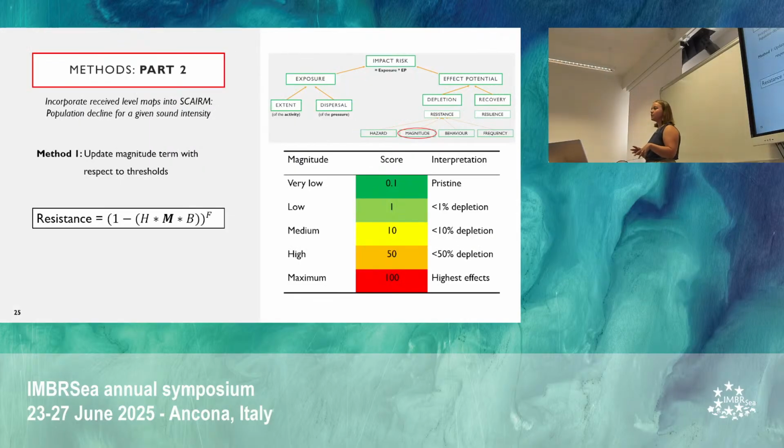The first way was to update how magnitude is currently categorized in the SCARUM framework. When there's no spatial or quantitative information about the magnitude of a stressor, it's assessed categorically from very low to maximum magnitude.